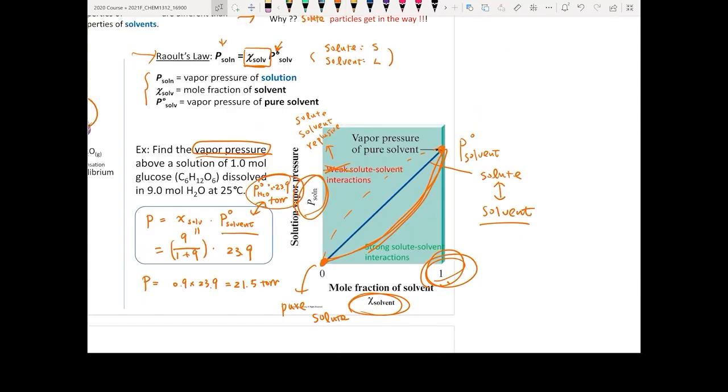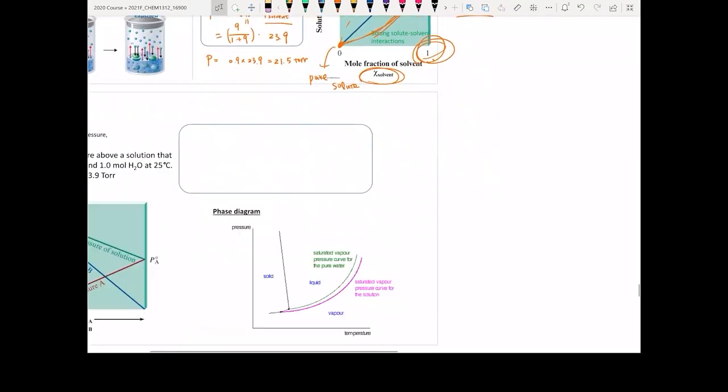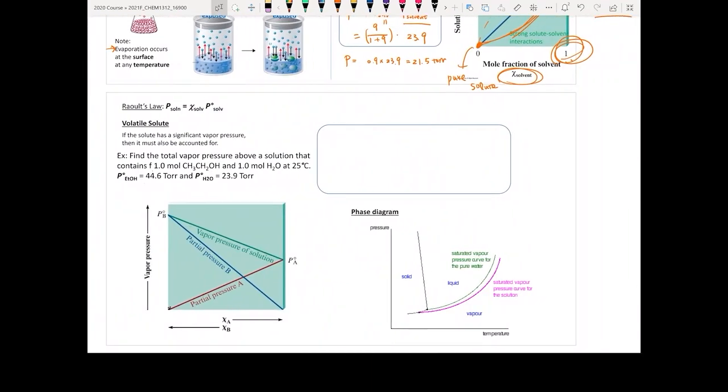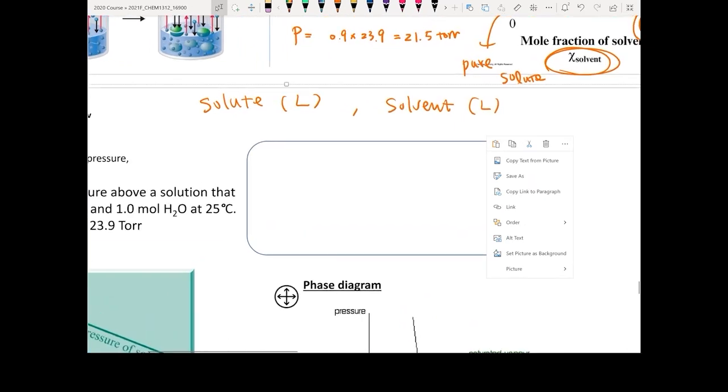All the things we discussed so far assume your solute is in the solid state and your solvent is in the liquid state. Things can get a little more complicated if you have your solute in the liquid form and the solvent also in the liquid form. So how do you handle a situation like this?